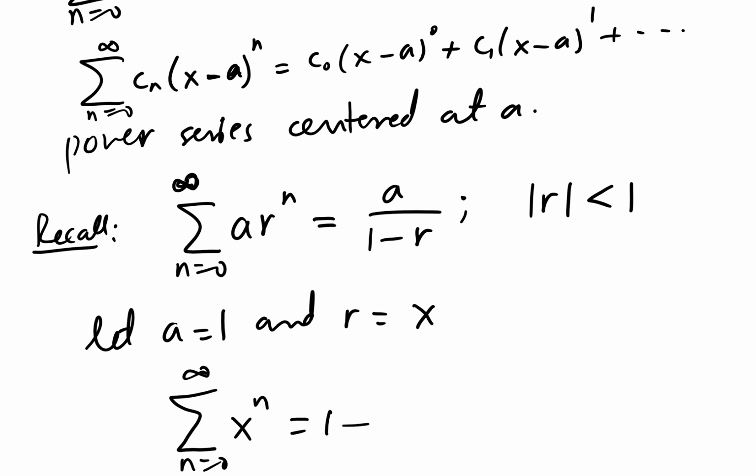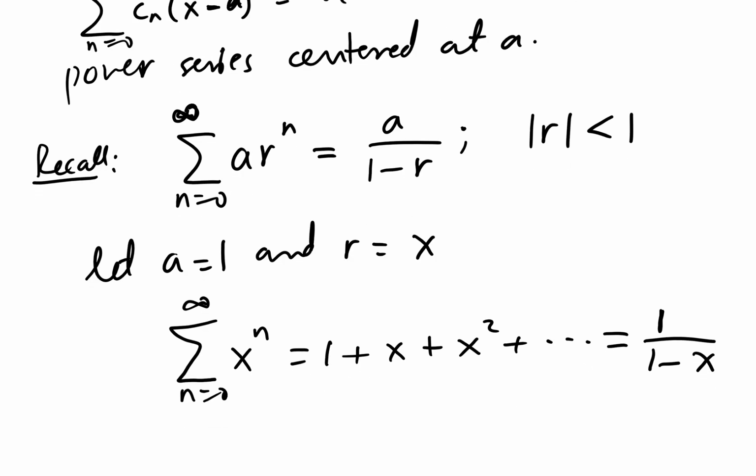That would be 1 plus x plus x squared plus all the way forever, right? And this one would have a sum of a, which is 1, over 1 minus r, which is x. This can only work provided that the absolute value of x is less than 1.